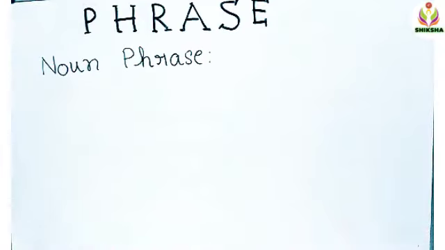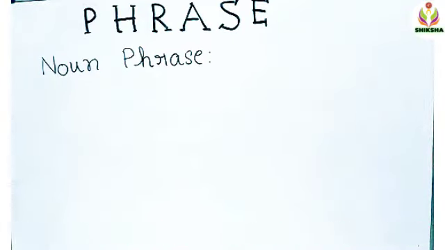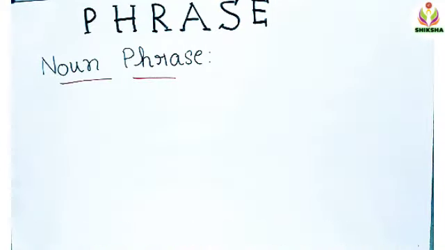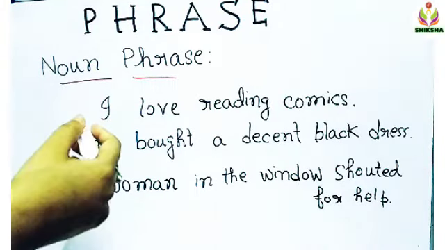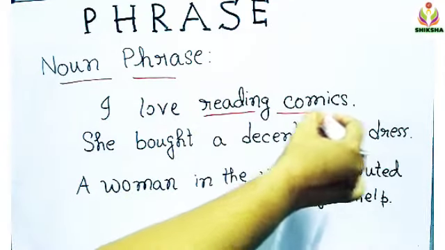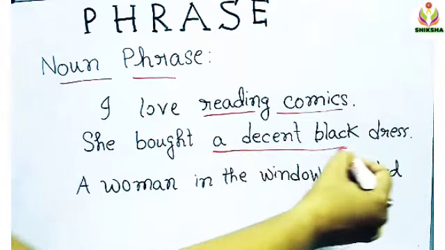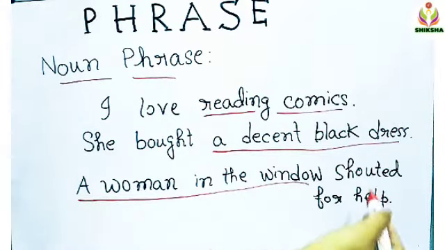A phrase that acts like a noun in the sentence is called a noun phrase. Let's see some examples of noun phrase. I love reading comics. She bought a decent black dress. A woman in the window shouted for help.